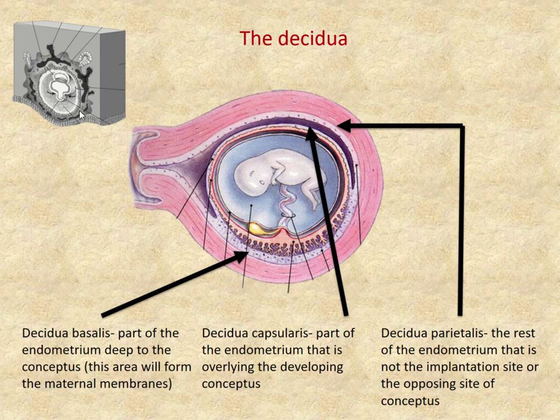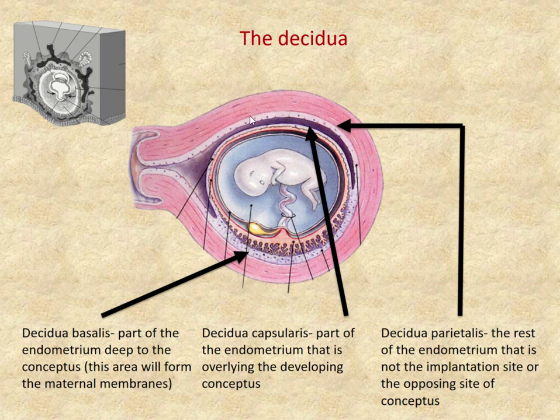So if you remember, when the implantation occurred, this is the embryo growing here. See how the uterus sort of capped off, like it implanted and then it resumed its continuity. So this area here would be considered the decidua capsularis, and this area here would be considered the decidua basalis.